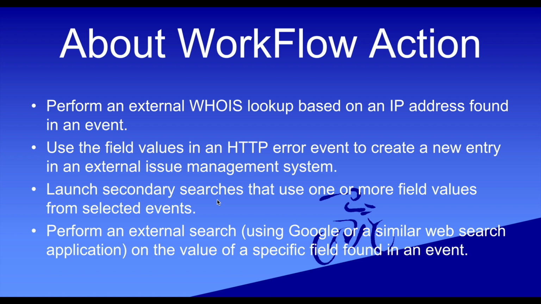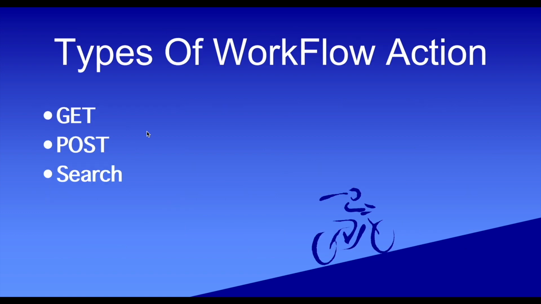I will be taking one of the examples, and let's see the types of workflow action. The first type is get, then post, and search. In today's video we'll be covering the get workflow action. So let's see what it says.